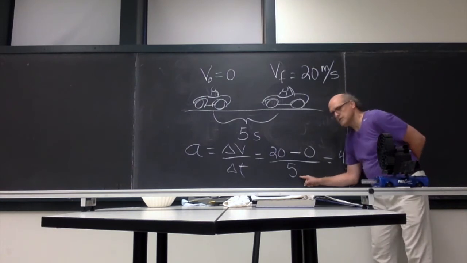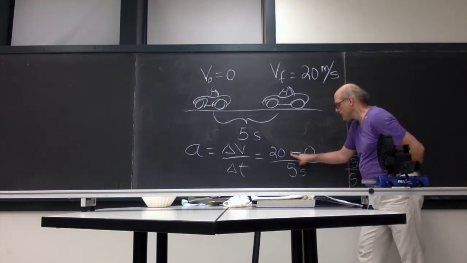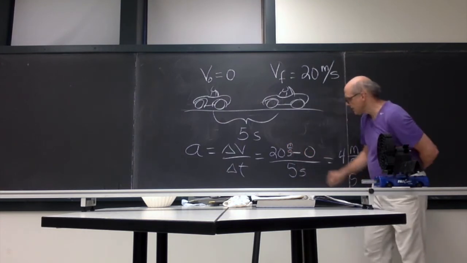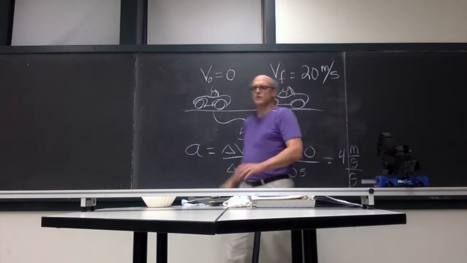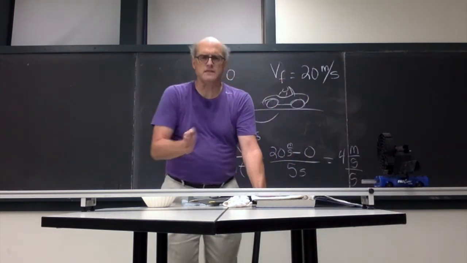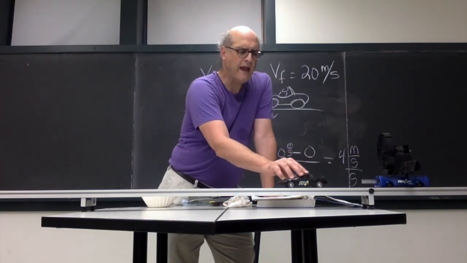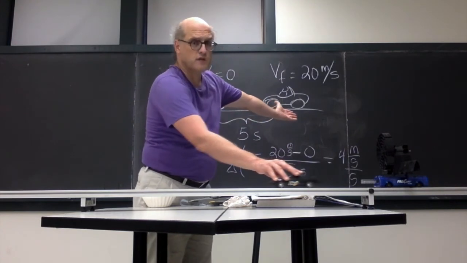And that's because the unit of time is the second, the unit of speed or velocity is the meter per second. So you have a meter per second per second. What that means is that in 1 second, the car would be traveling at 4 meters per second.